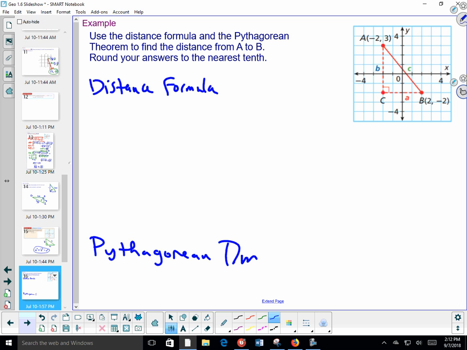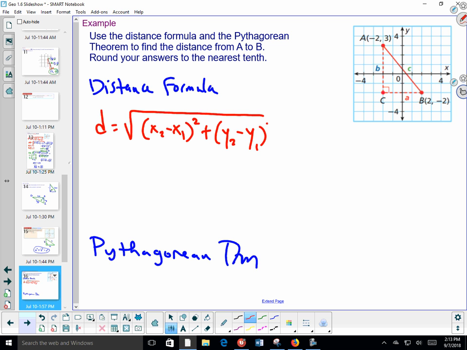All right, so if I want to find the distance from A to B using the distance formula, remember that is D equals the square root of (x2 minus x1) squared plus (y2 minus y1) squared. Agreed? Yes. A is negative 2 comma 3, B is 2 comma negative 2.